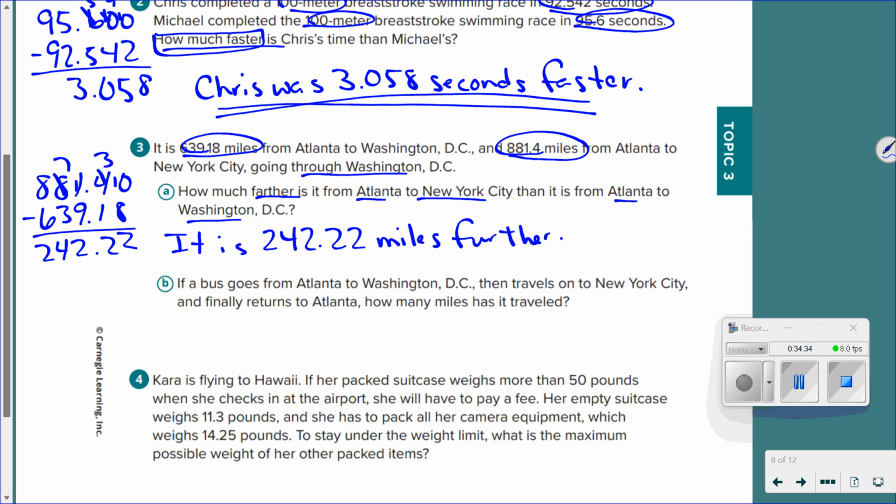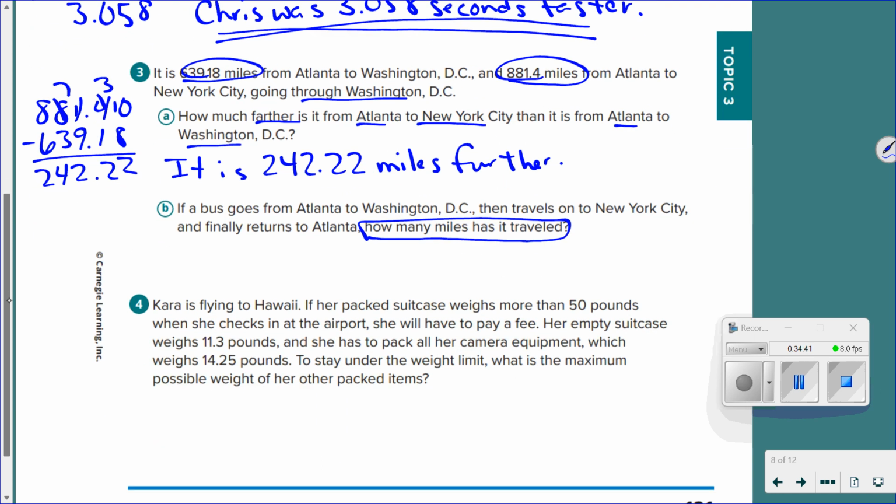And Atlanta, and then how many has it traveled? Now I'm adding them. So instead of subtracting, I'm just going to redo the problem and add it. 881 and 4/10 plus 639 and 1800ths gives me 8, 5, 10, 11, 12, 14, 15.